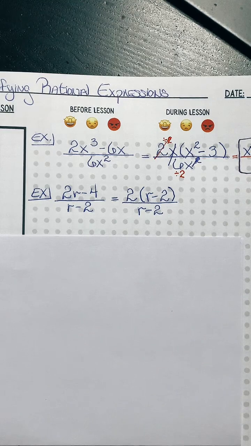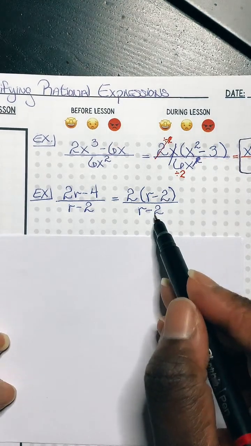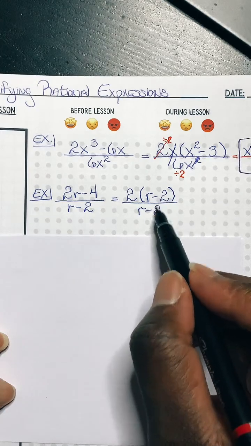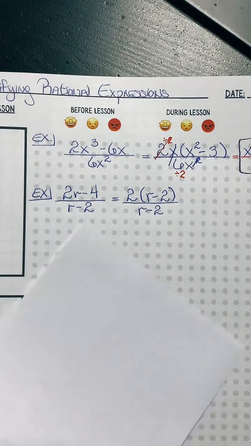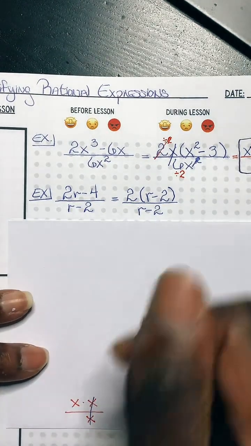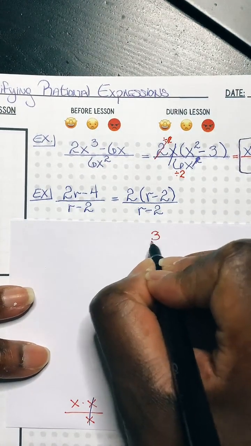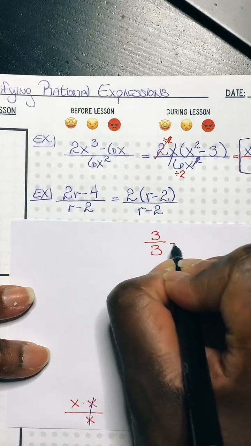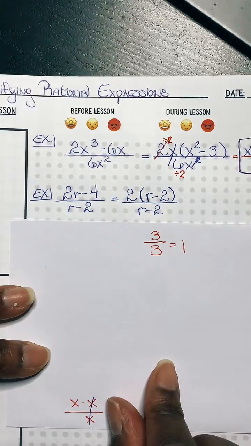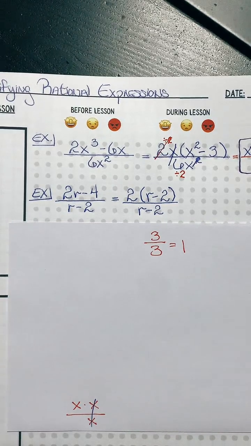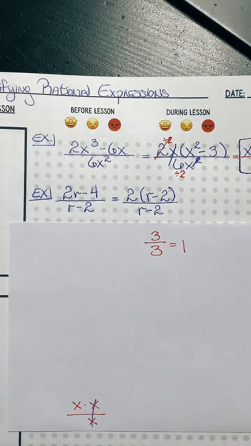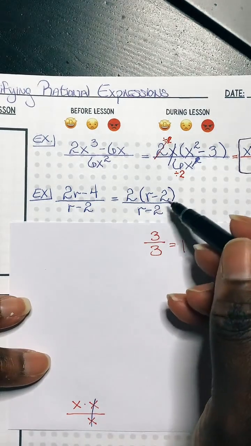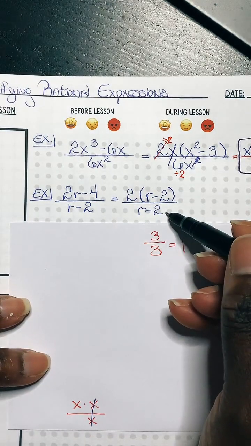Yes. All right, so think about it. We're doing division. Anytime we have a number divided by a number, it will equal 1. So say for instance, if I had 3 divided by 3, that would equal 1. Same thing happens with expressions. When they're exactly the same, one's in the numerator and one's in the denominator.